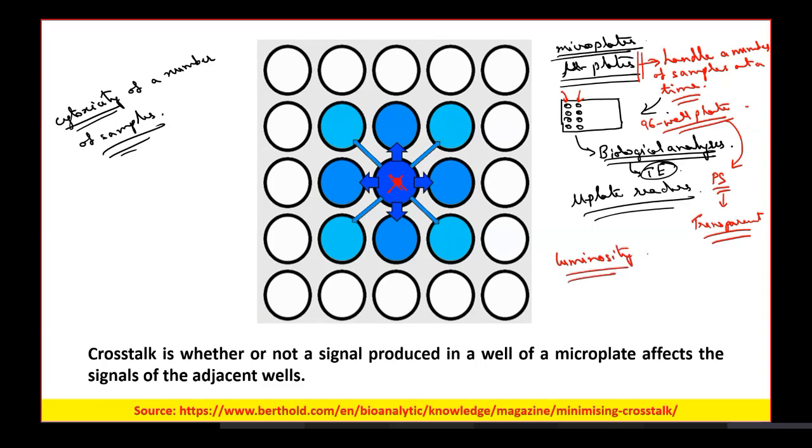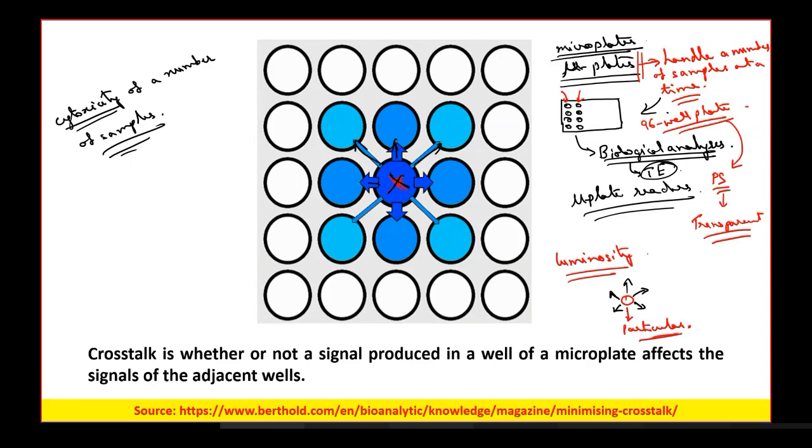But can you control in which direction the sample signal goes? You can have a detector at a particular location, but this sample is radiating light in all directions.